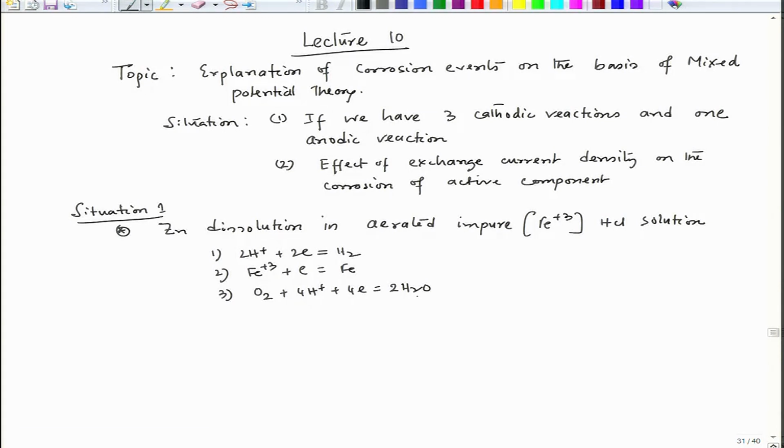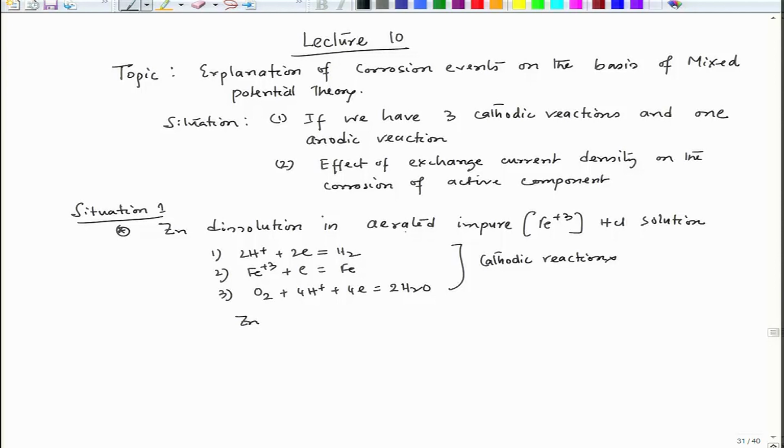So, these are the 3 cathodic reactions possible in that particular electrochemical process, and there is only one anodic reaction since zinc is dipped in that impure aerated acid.